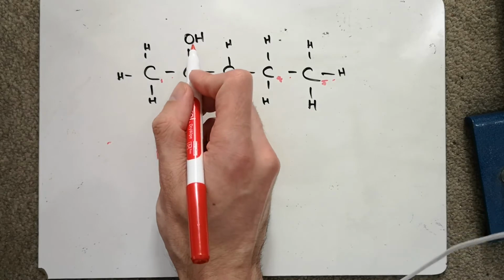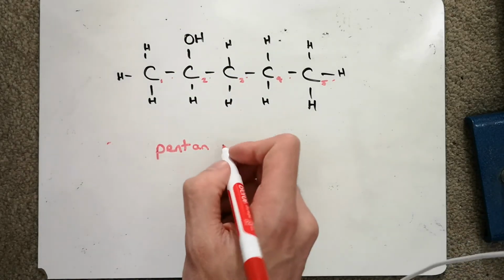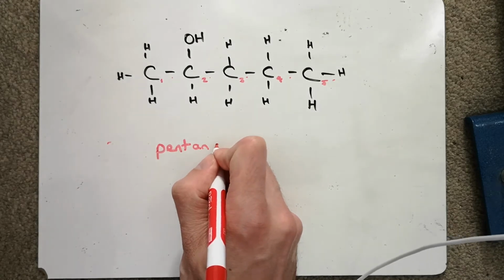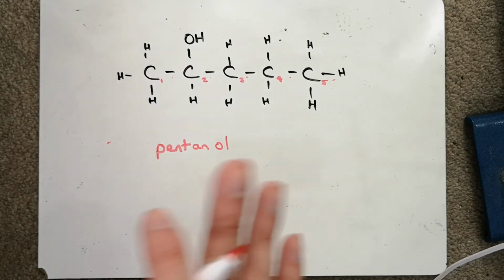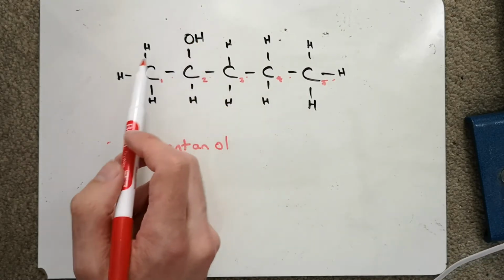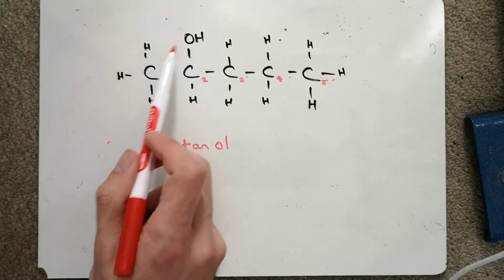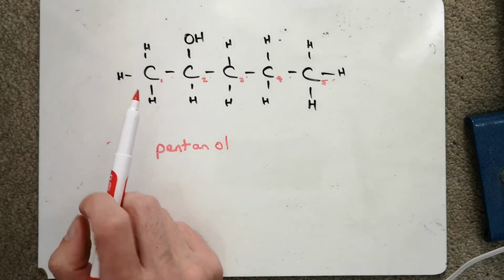Now we've got here a functional group, which is our alcohol group. We saw earlier that the ending, when we have an alcohol group, is pentanol. We can get away with calling it pentanol, but we could have 3 different types of pentanol. It could be on the first carbon, the second carbon, or the third carbon.